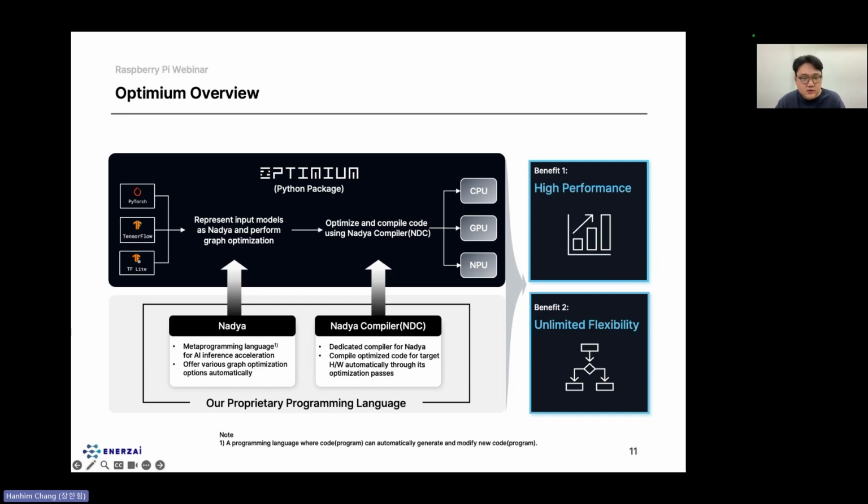I won't go into too much of a detail with Nadya for today, but to briefly share, it is basically a programming language that we developed to solely focus on AI inference optimization and AI inference acceleration. So it has a powerful metaprogramming function with it, which enables us to push the inference speed to the model as much as possible.